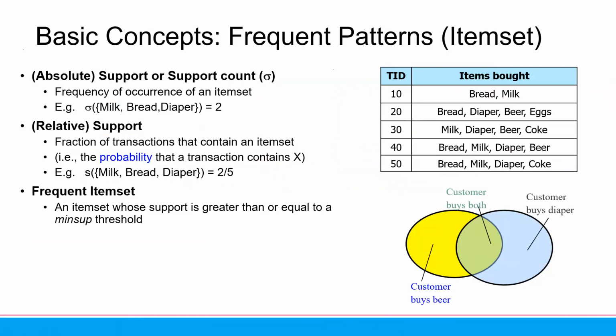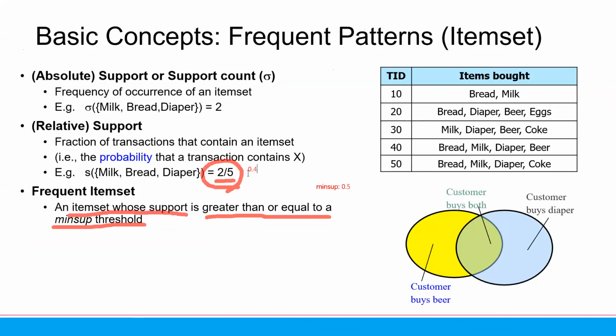A frequent item set is an item set whose support is greater than or equal to a minimum support threshold. So if I have 2 divided by 5, which is 0.4, and let's say the minimum support is 0.5, then this is not satisfied, because the minimum support is 0.5 and this one is 0.4.